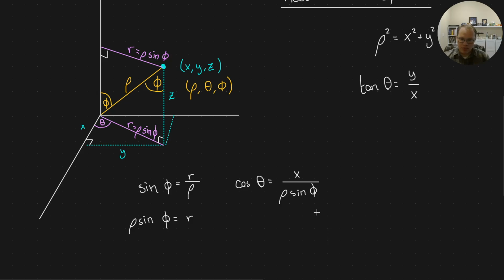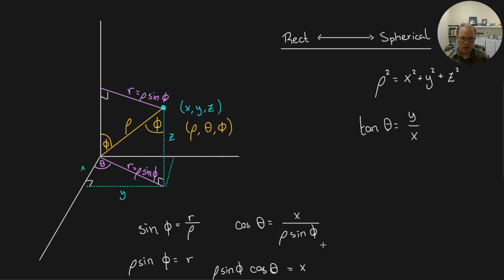If I multiply the rho sine phi to the other side, I get x equals rho sine phi cosine theta. And that is one of our important equations up here. x equals rho sine phi cosine theta. That relates x to the spherical variables. If I know the spherical variables, rho, phi, and theta, then I know x.